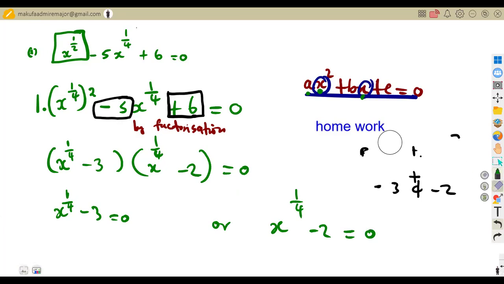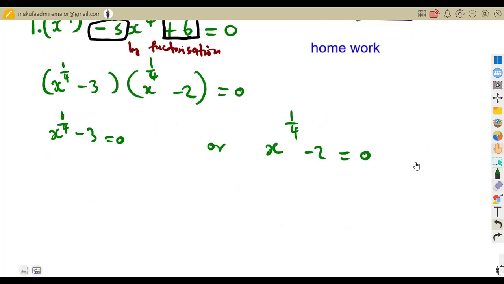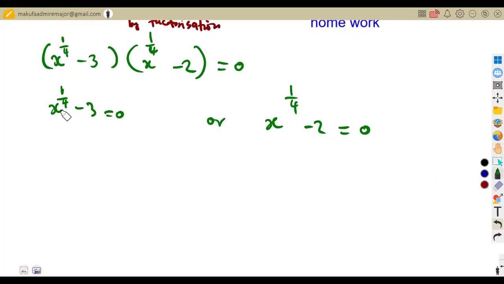That's where we see the two solutions. From our basics, we can take this to the other side of the equation so that it becomes positive. The moment it jumps the equal sign, the 3 becomes a positive. Or x to the exponent of 1/4 is equal to 2, which crosses the equal sign and becomes a positive.